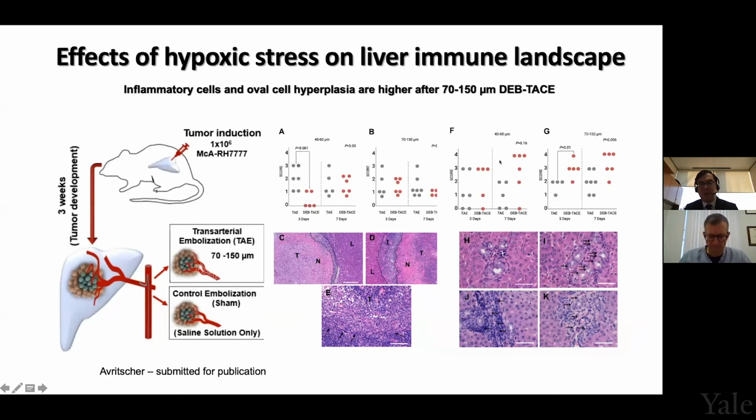It does increase more dramatically when you have drug, causing more tissue injury, therefore a greater influx of inflammatory cells. And we do see it more in the larger beads. So again, larger beads, more hypoxia, greater attraction of these immune cells, often the immune cells that we don't necessarily want.